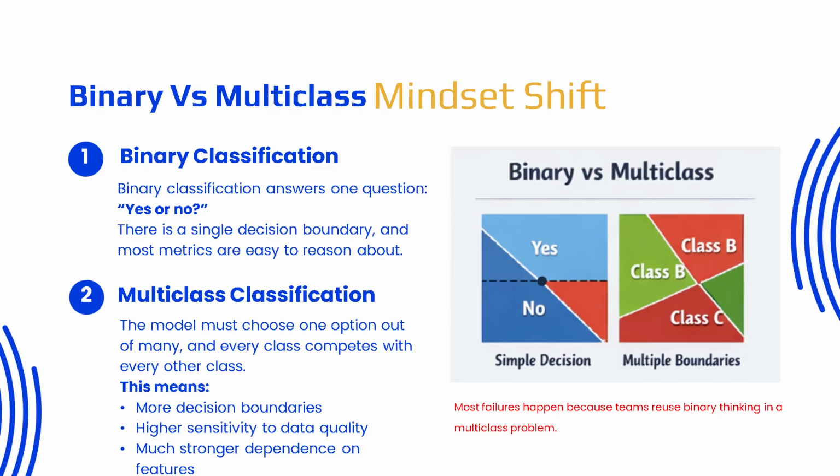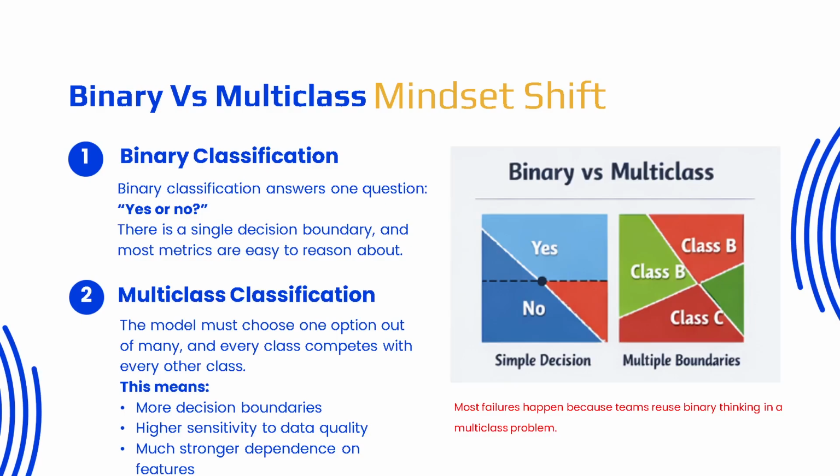Binary classification and multi-class classification: the mindset shift. This is very important. It will change the way of thinking when you know binary classification and you are moving to multi-class classification. In binary classification you have very simple predictions, yes or no. Binary classification answers with two classes; if your outcome is either yes or no, then you choose binary classification.